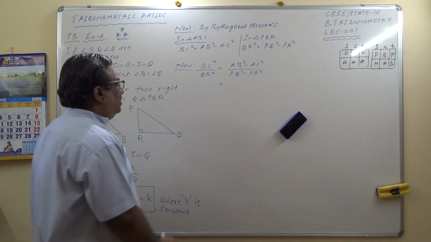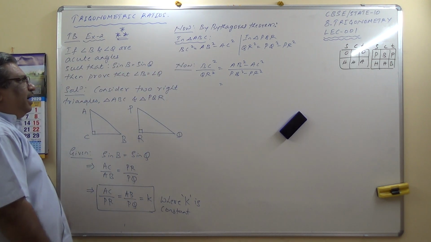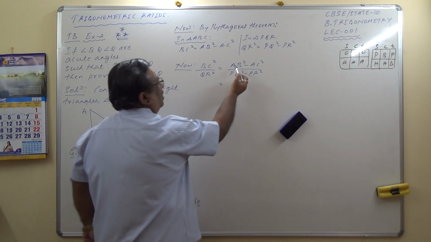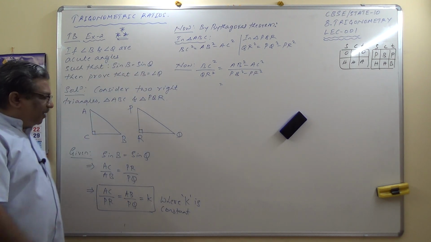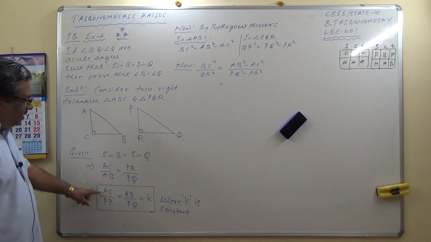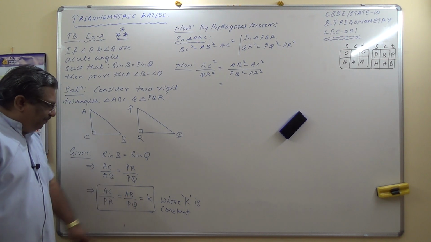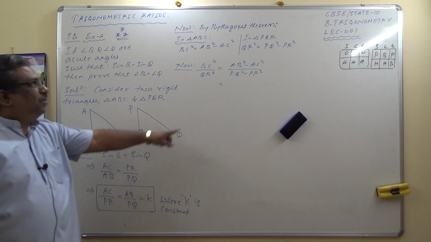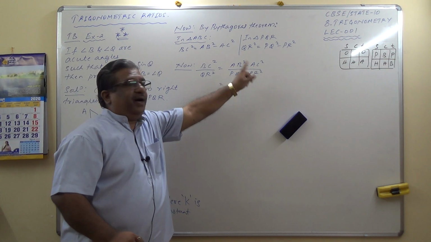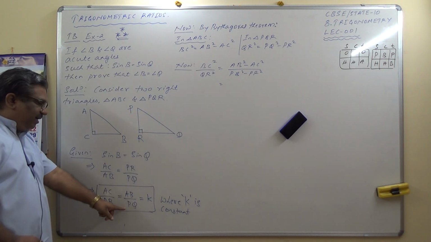Can we express AB and AC in terms of PQ and PR? Yes, it is possible. AC by PR equals K, and therefore AC equals PR into K.